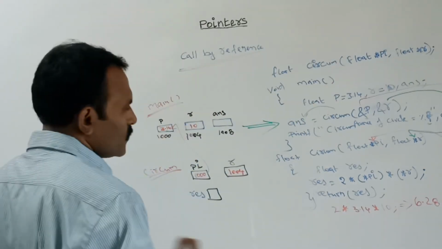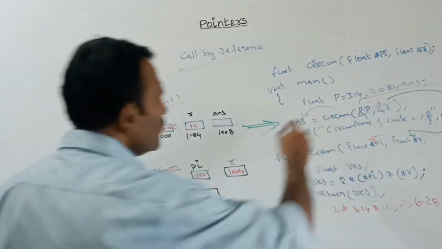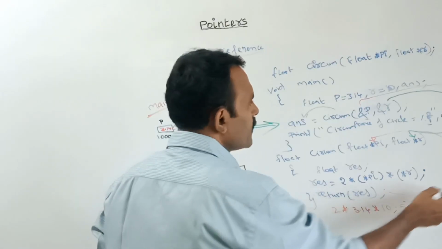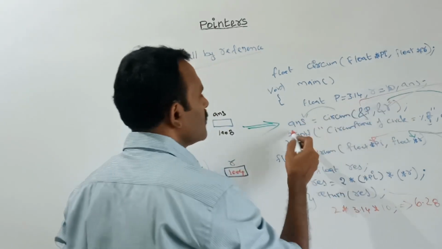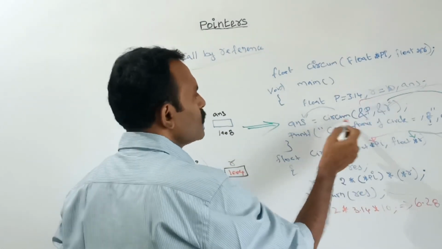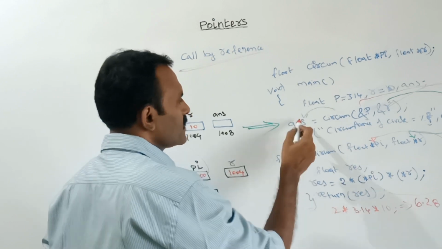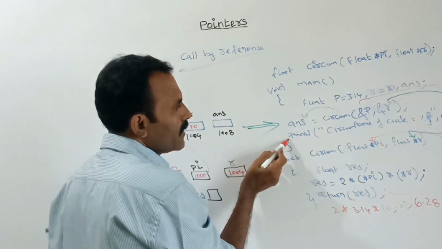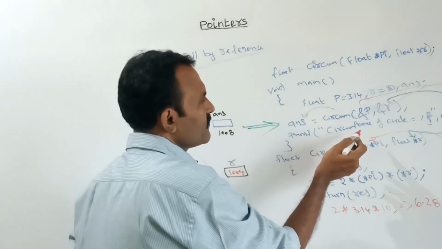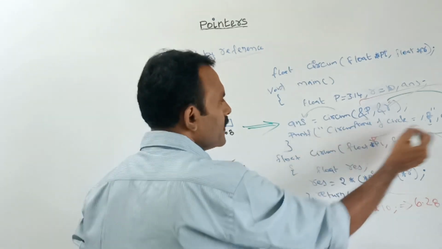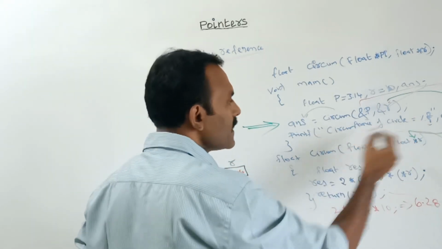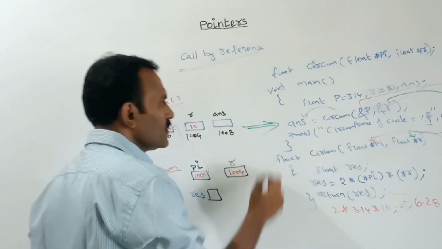So the answer is 62.8. This answer is returned to ANS, to where the function was called. This result was stored in the variable ANS. Next I print that the circumference of this circle is the result, which prints as the output.